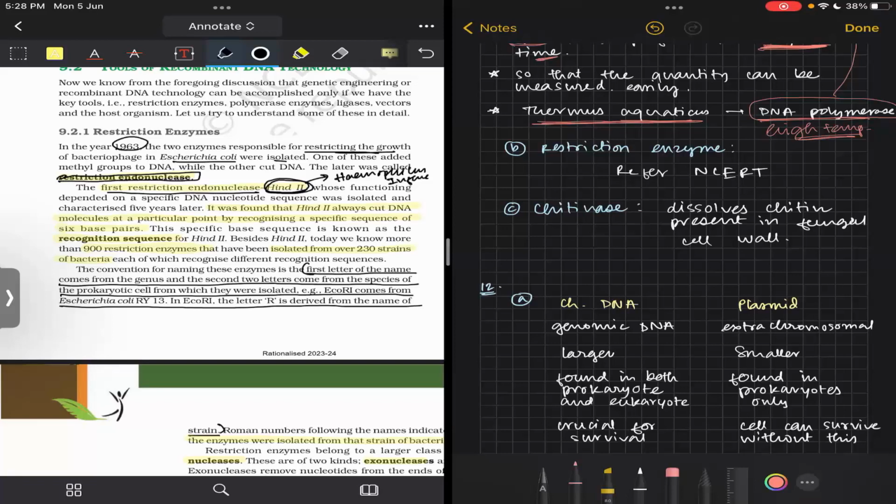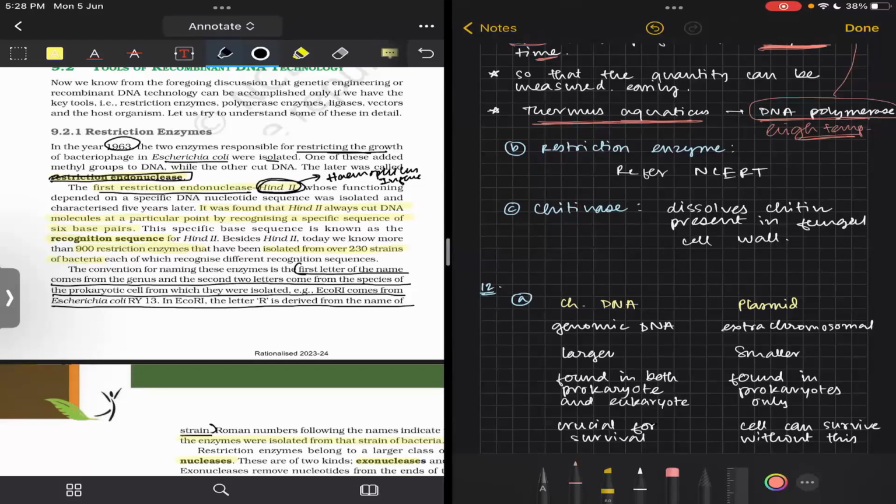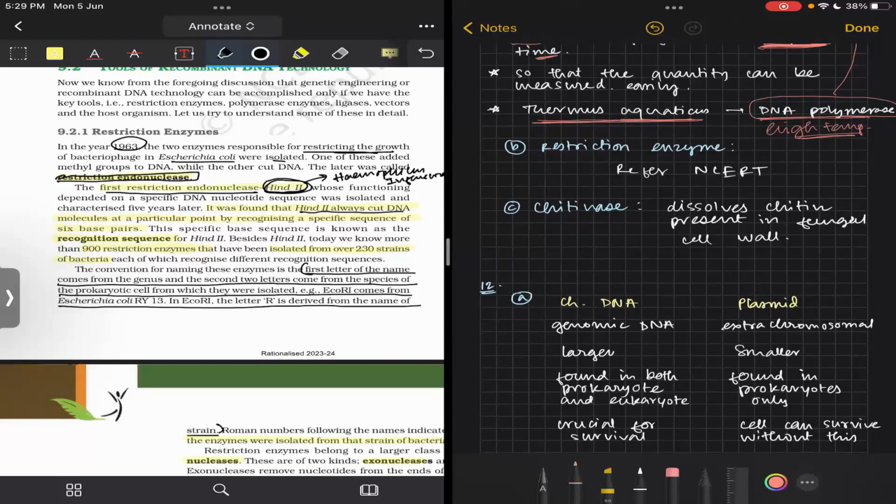It was found that RE always cuts the DNA molecule at a particular point by recognizing a specific sequence of 6 base pairs. So this is known as the recognition sequence. So what an RE does, RE finds a recognition sequence that is generally a palindrome, and then cleaves the DNA at the recognition sequence.